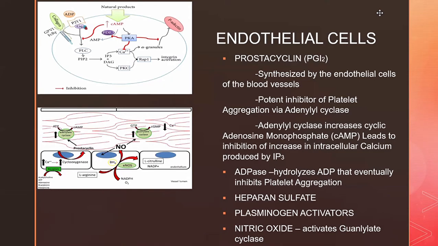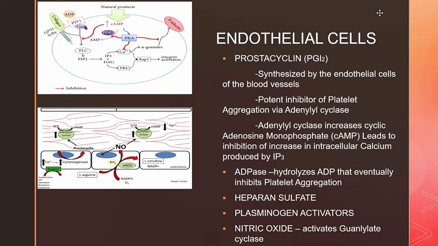Actually, siya yung nagpro-produce ng mga factors na it would inhibit your platelets reaction. Like your prostacyclin, it is synthesized by the endothelial cells of the blood vessels, and it is also a potent inhibitor of platelet aggregation, as I was saying, adenylyl cyclase.